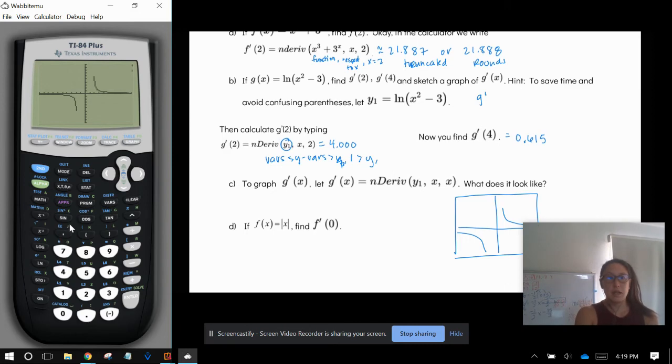And let's go ahead and get the values of our derivative when x is equal to 2. So trace 2, enter. And we can see we have the same value, 4.0001. Trace 4, 0.615.